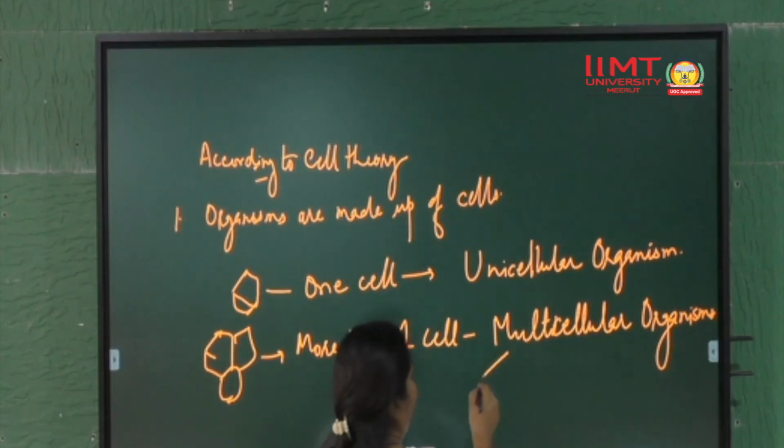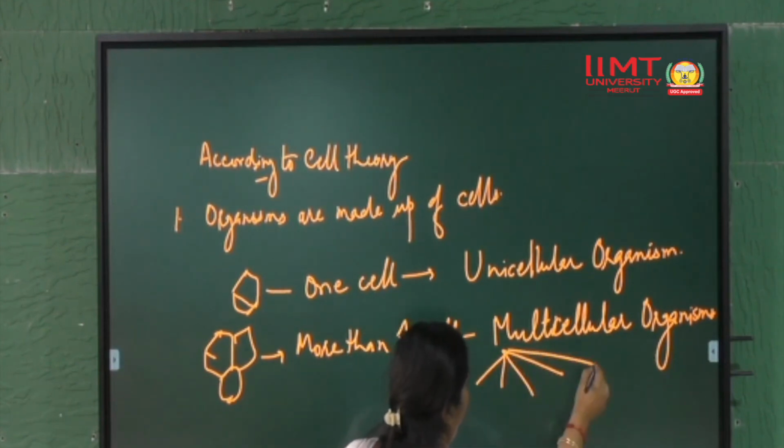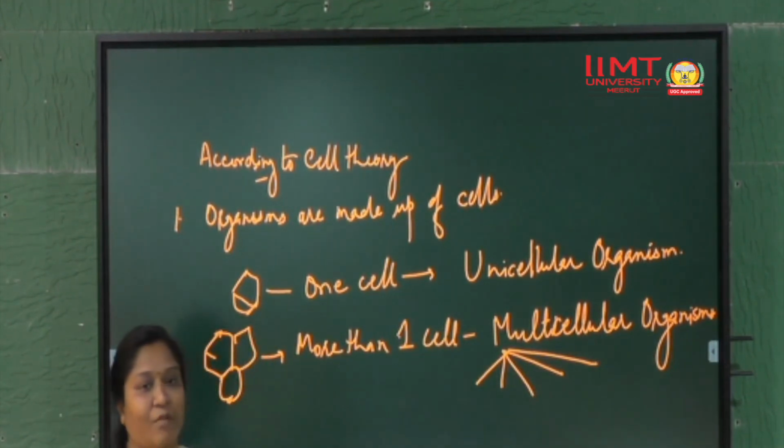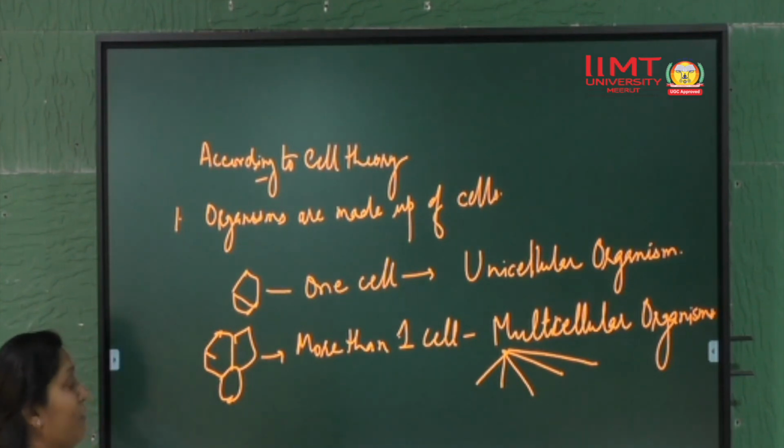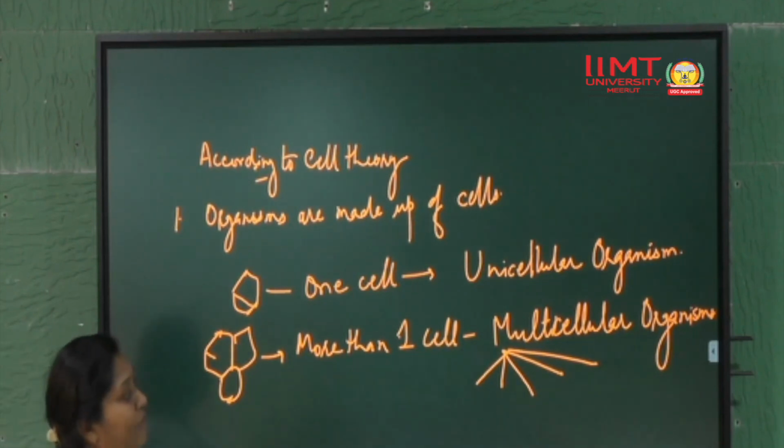The examples of multicellular organisms are so many in the world: human beings, plants, animals, and some fungi are also multicellular, some algae are also multicellular. So there are lots of examples which we can correlate with the multicellular organisms.